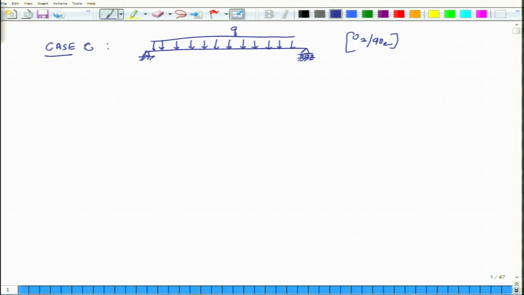And then in case D, for which the solution still remains to be developed, the only thing different about this is that the boundary conditions are different. So, it is like this.